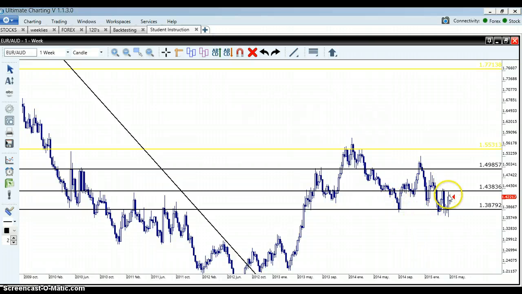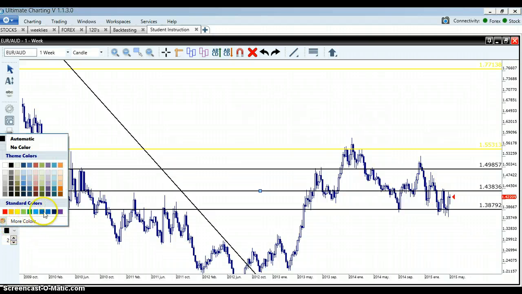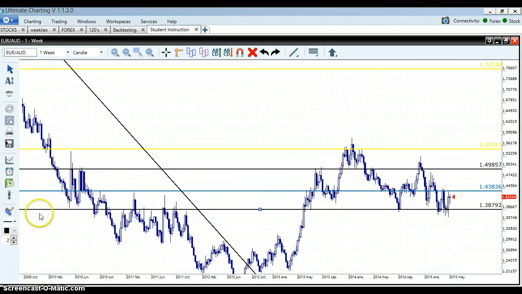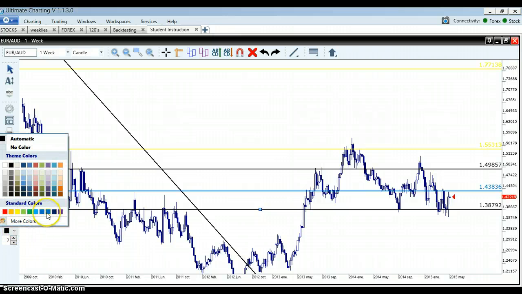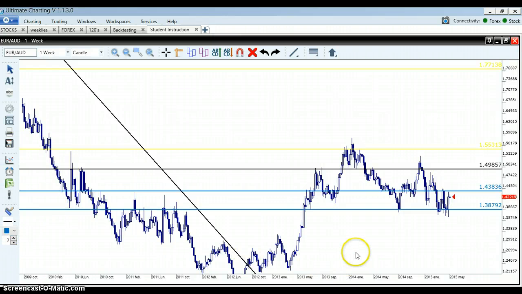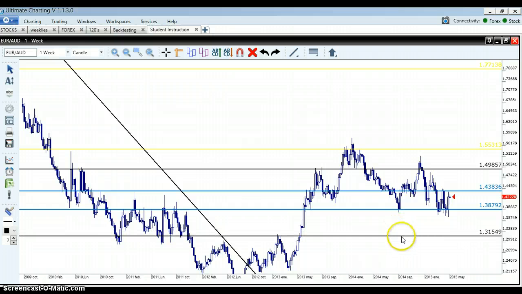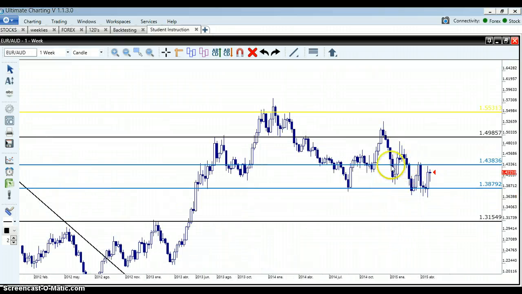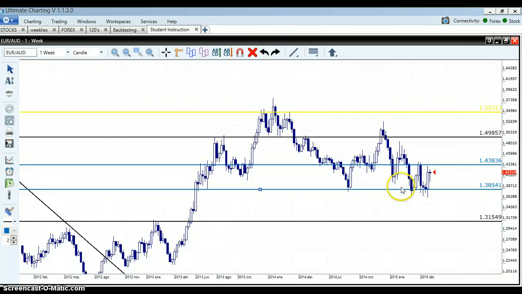So these two, I will put them in blue. And I want you to see how right now the market is between these two blue levels. These two blue levels, it has been bouncing here.